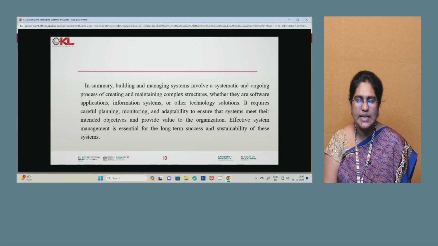It requires careful planning and monitoring. After that, adaptability ensures that the system meets its intended objectives and provides value to the organization. Effective system management is essential for the long-term success and sustainability of these systems.